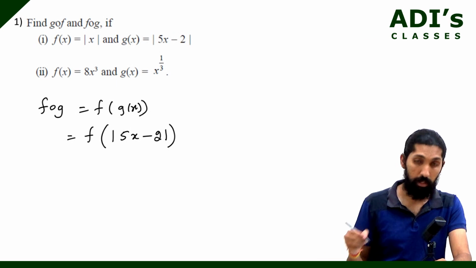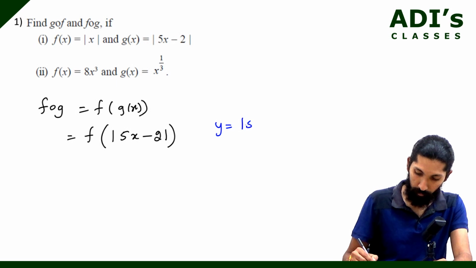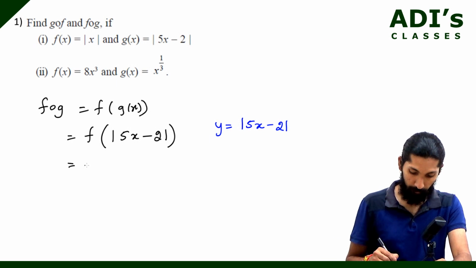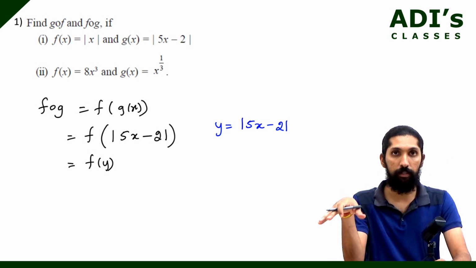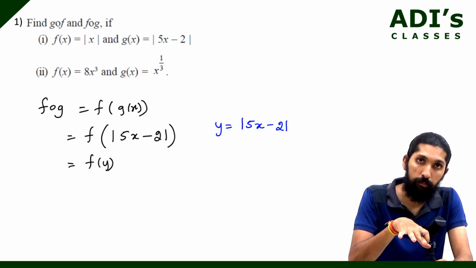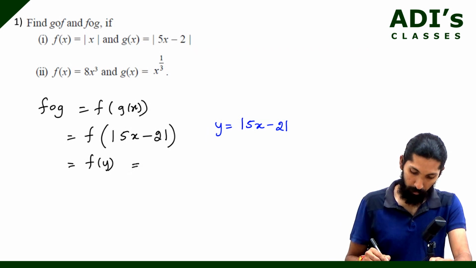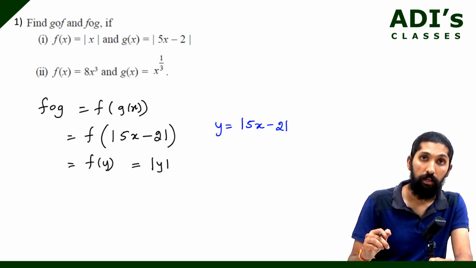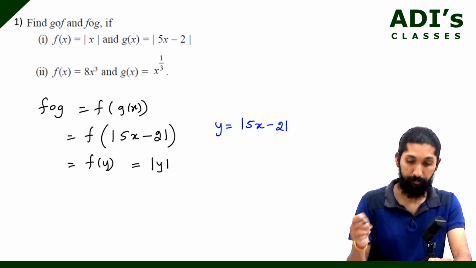Again, call this as y, in the sense y is equal to mod of 5x minus 2. Okay, this is going to give me f of y. See, f of x is mod of x. So f of y becomes what? Mod of y, correct? So this is going to give me mod of y. But what is y? It is 5x minus 2, including a modulus, correct?